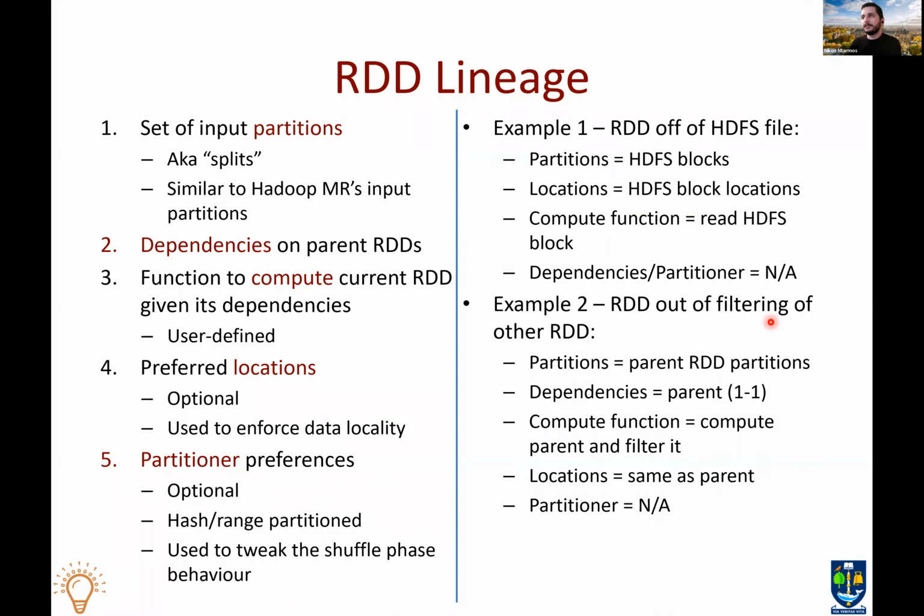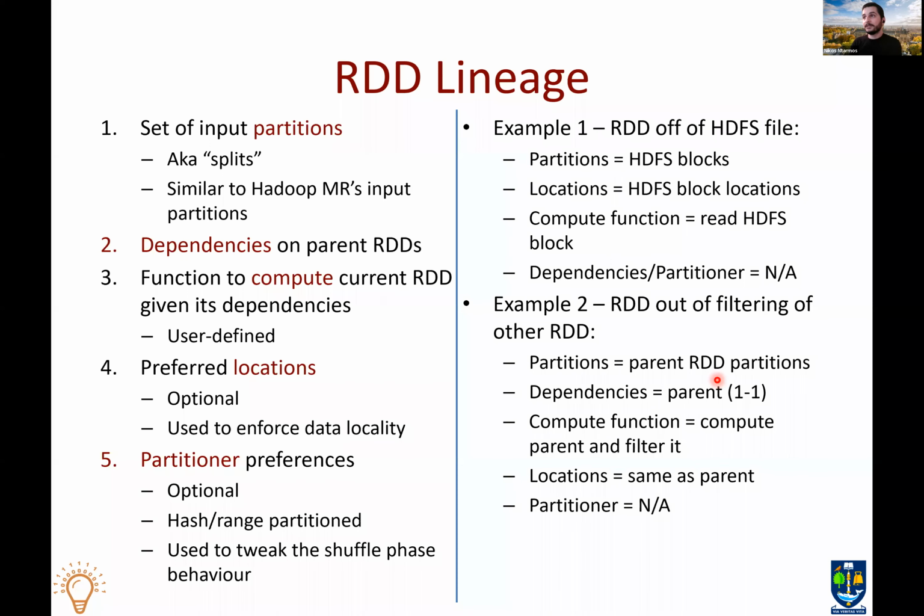Split dependencies or RDD dependencies are actually the same. So every child RDD depends on one or more parent RDDs. But what does this mean? It means that every partition of the child RDD needs data from one or more partitions of one or more parent RDDs.